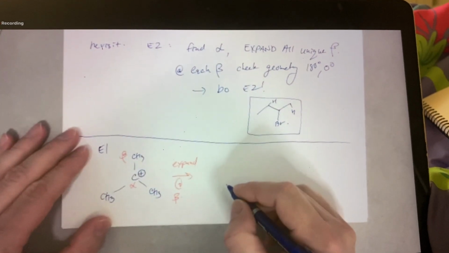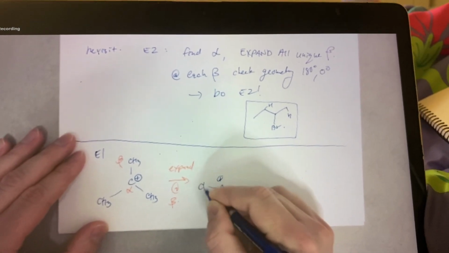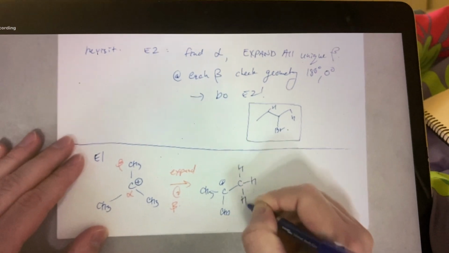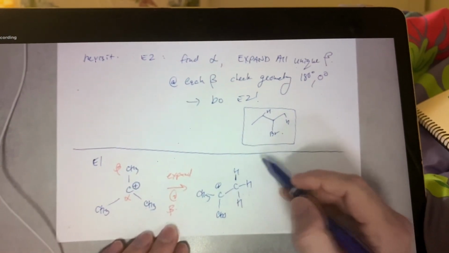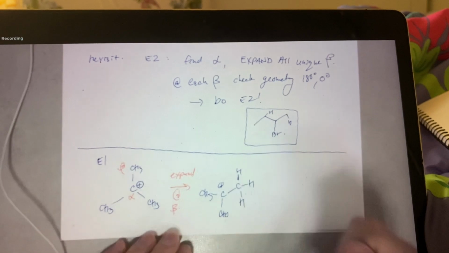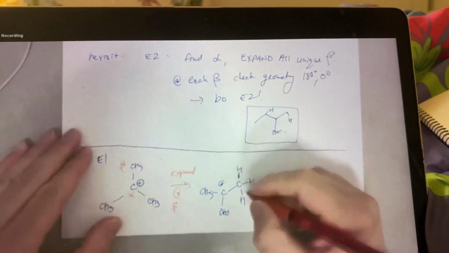I'm just going to take one of these beta groups and expand it. By expanding it, it allows us to see all of the bonds. So when we do a mechanism, you can easily draw an arrow to the acidic proton, move these here, you can see where bonds are forming. So that's why we expand this to some extent.